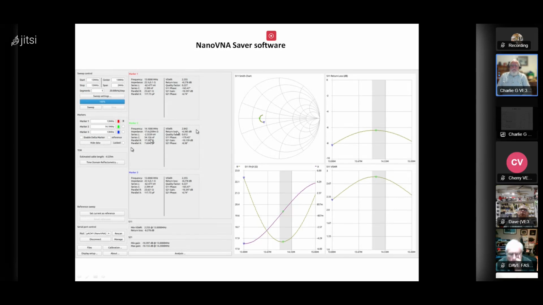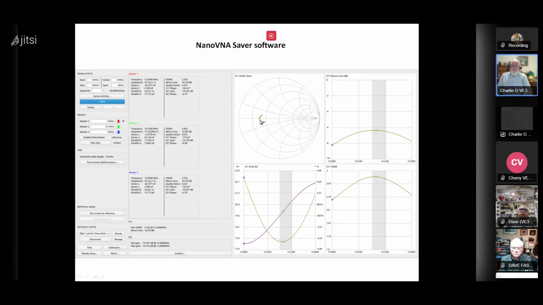Lo and behold, I'm resonant. I did my measurements at 20 meters. So I set my markers at 13 meg and at 14.1 meg, 14.1 being the frequency I wanted to operate at, basically.